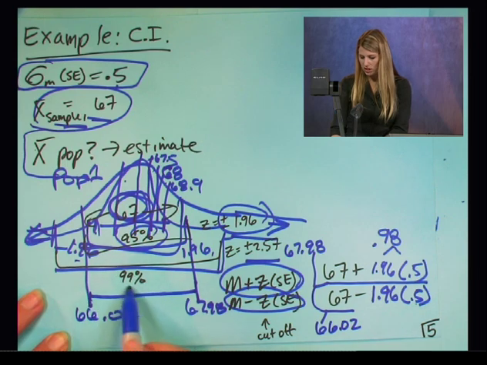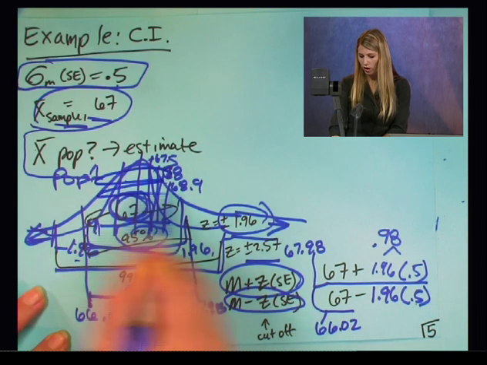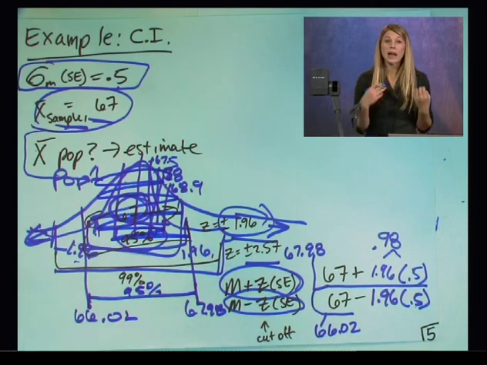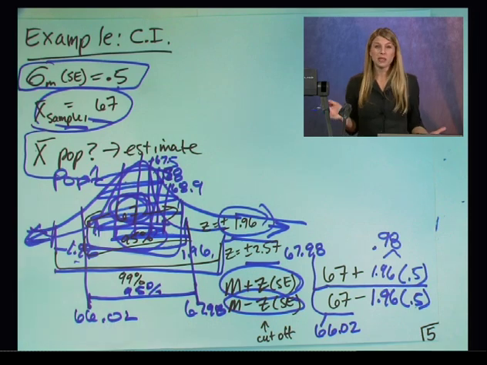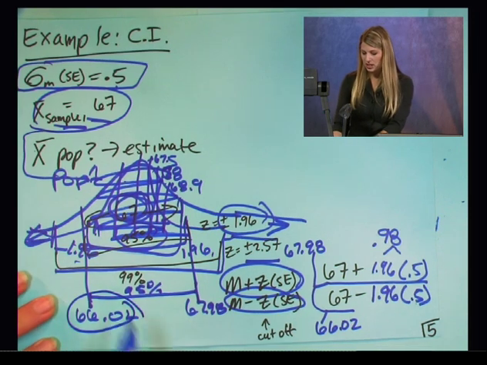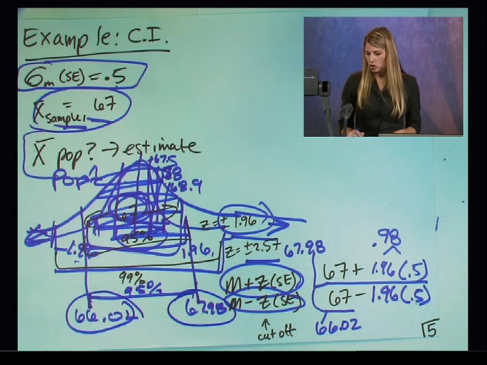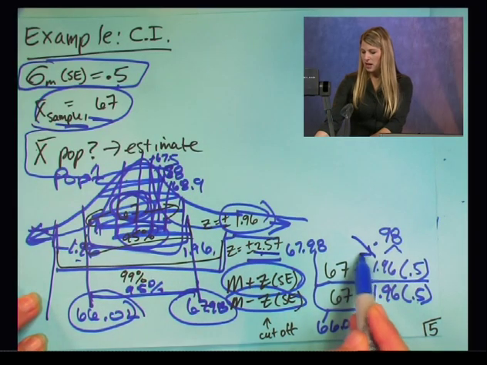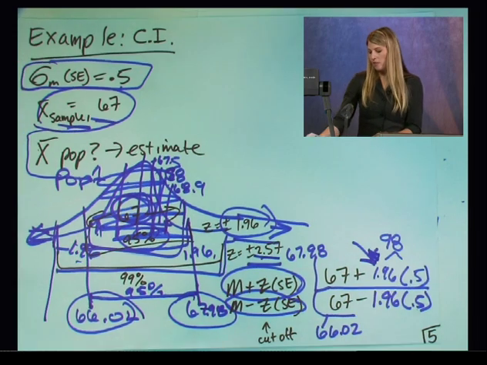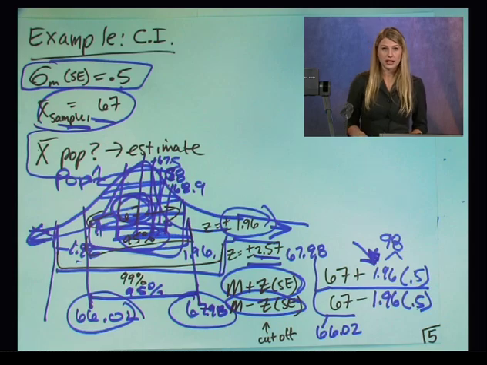That's this part that cuts off 95% under this curve. So you can be 95% confident that the average of the population of all kids who play video games is somewhere between 66.02 and 67.98. So that's a 95% confidence interval. If you wanted to go out to 99%, you would just use the 2.57 as the z for both of these instead of the 1.96. So hopefully that makes sense how to calculate a confidence interval.